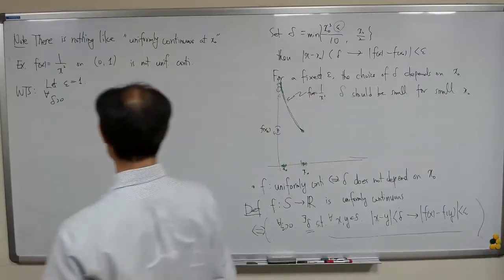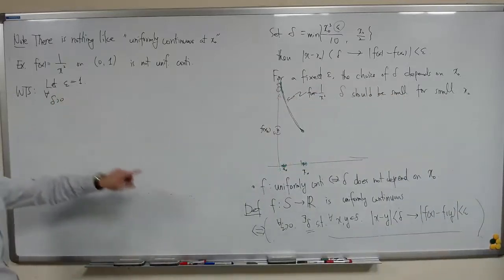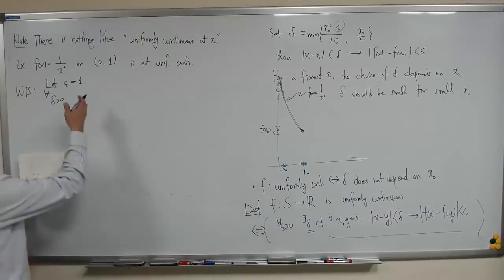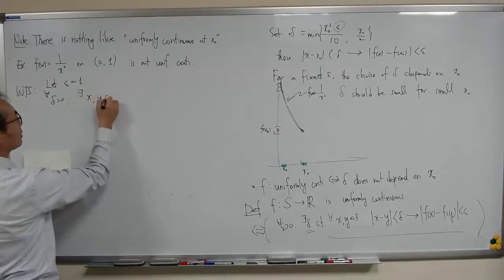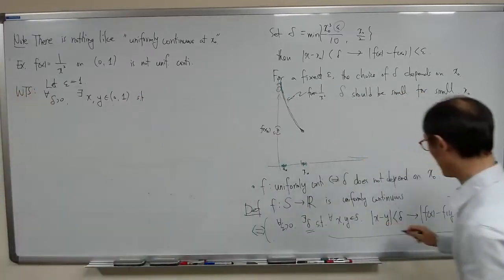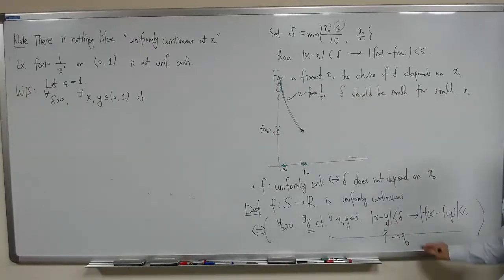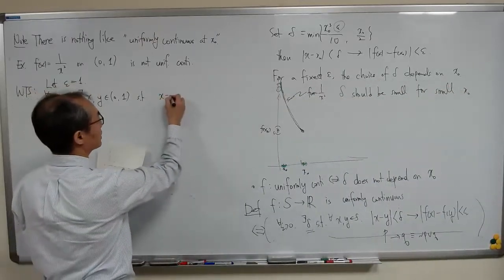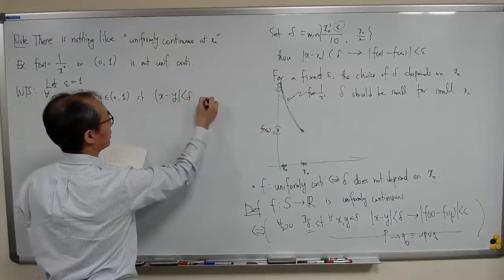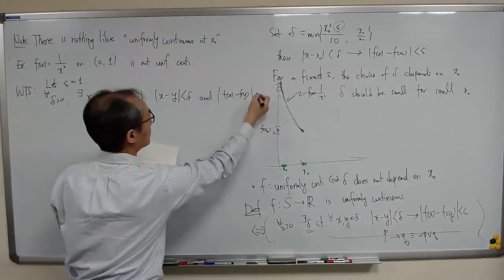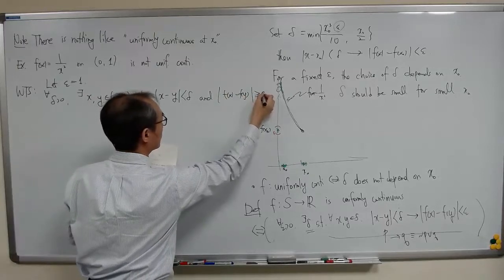So the negation: we fix epsilon as 1, and for any choice of delta, there exist x and y in the domain of definition from 0 to 1 such that, here we have the proposition P implies Q, which is equivalent to not P or Q, and its negation is P and not Q. That means the difference x minus y is smaller than delta, and the difference f of x minus f of y is greater than or equal to epsilon. This is number 1.